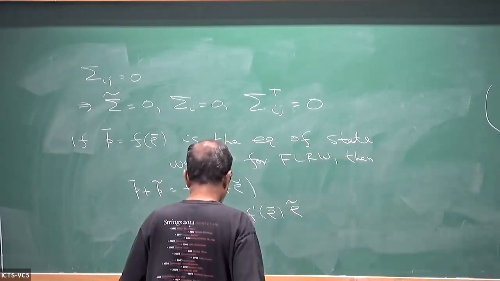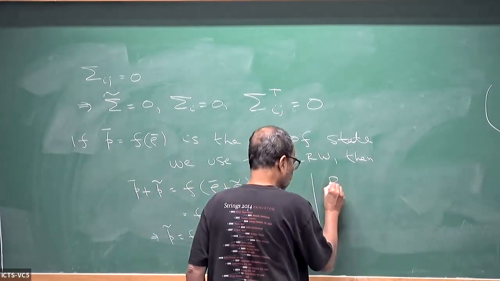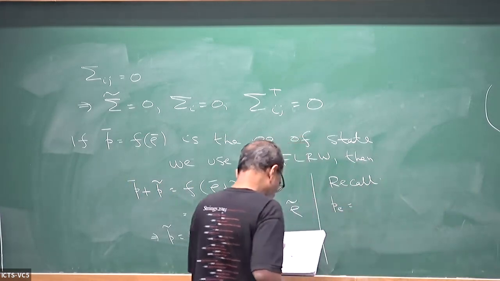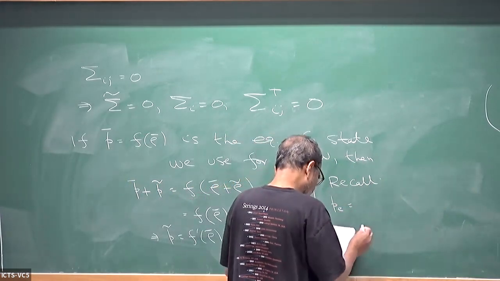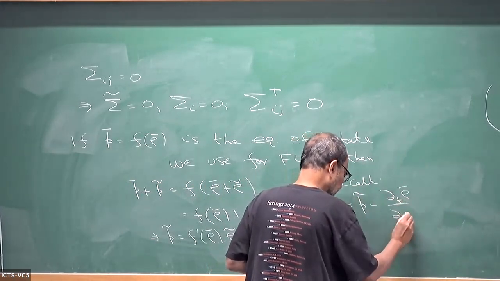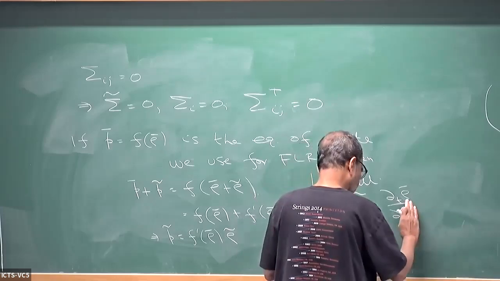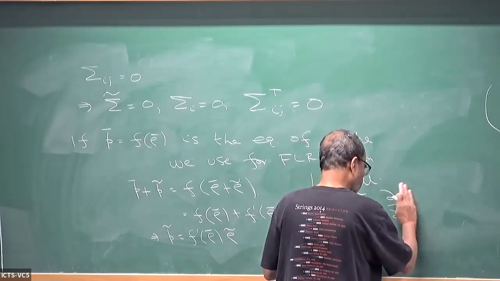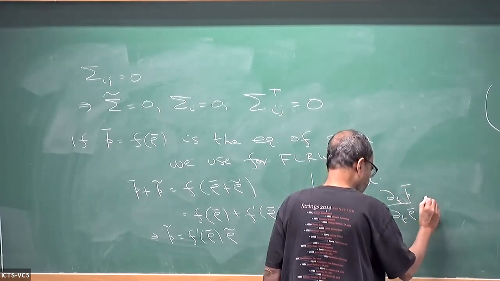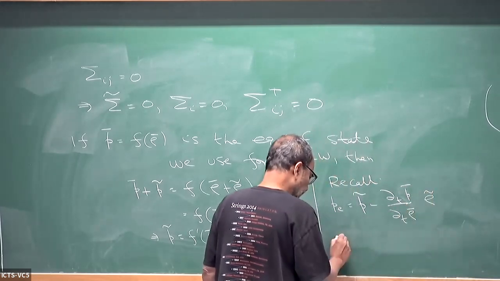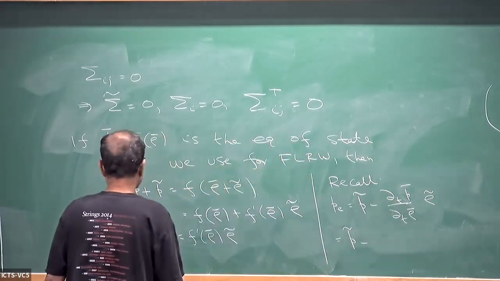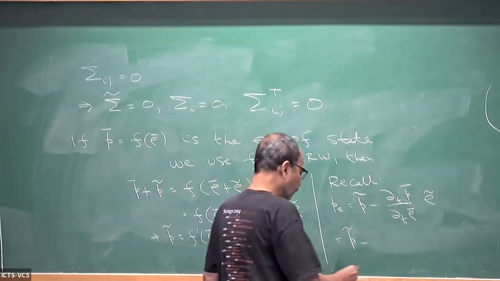We recall the definition of P_E. P_E is P tilde minus, and I can write this using the fact that P bar and rho bar are related by this functional relation, P bar is equal to f of rho bar.